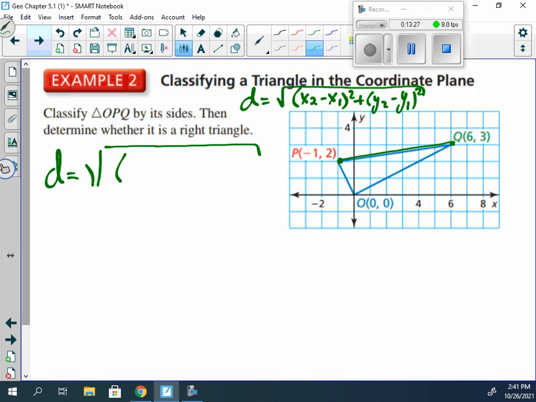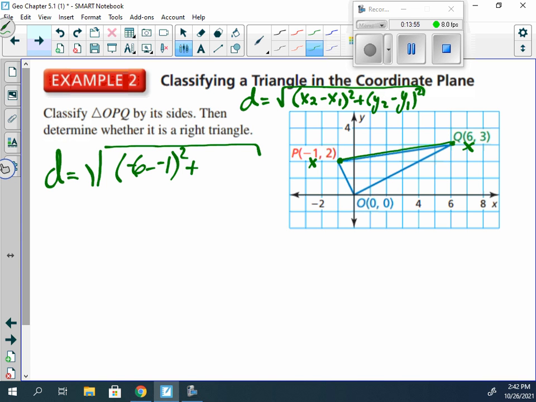So distance formula, we'll find the distance from P to Q first. What are the x values for the points P and Q? So -1 and 6, yes? Because here, P's x value is -1. Q's x value is 6. So on the first one, we can do 6 minus -1, or we can say -1 minus 6.